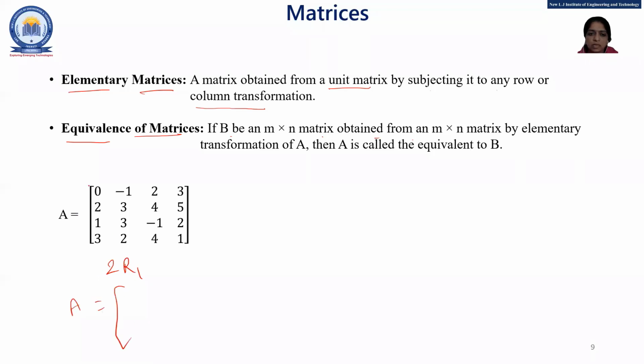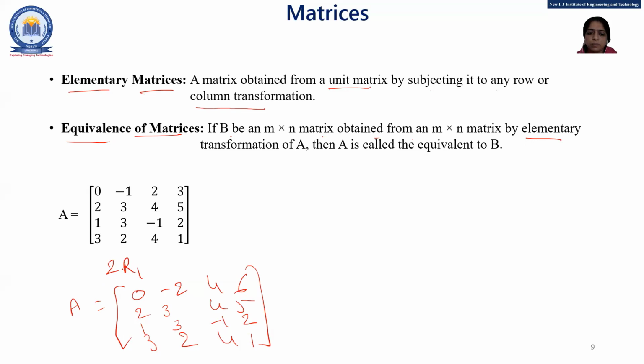If I multiply this R1 by 2, this is 0, minus 2, 4, and 6. All other rows are kept the same, right? Then these both matrices are known as equivalence matrices. So there are different kinds of elementary transformation.